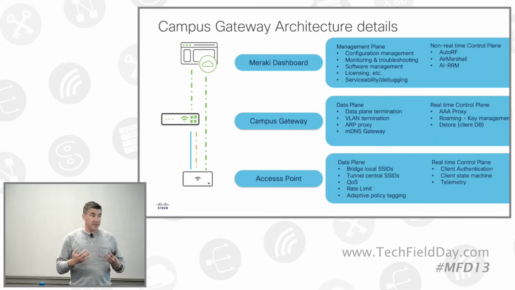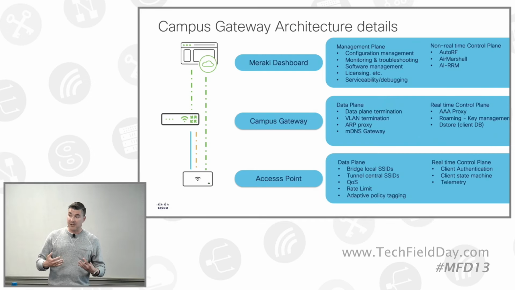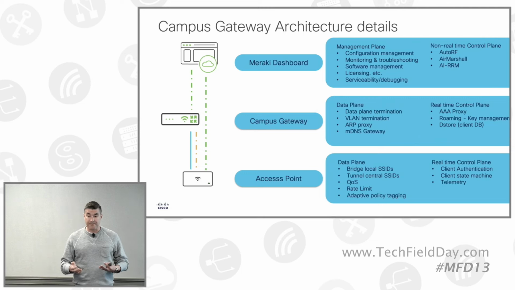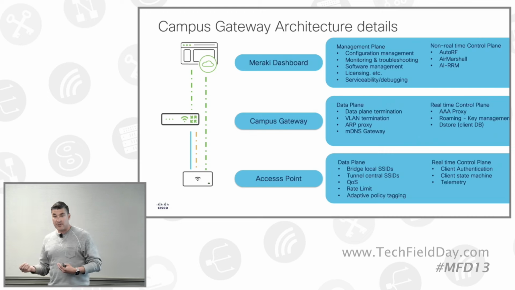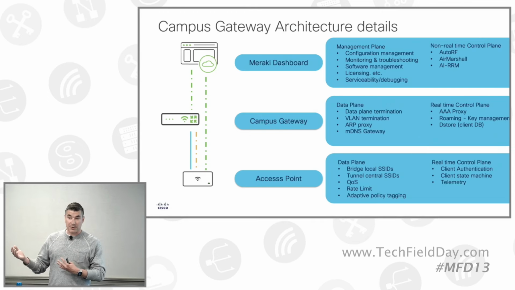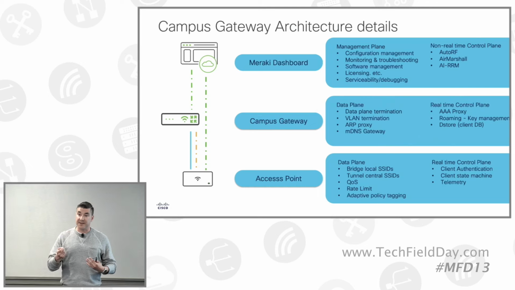We wanted to keep that in place. It's a very important construct of how cloud functions for Cisco. So all your configuration, your monitoring, your licensing, all your troubleshooting, that still lives up in the cloud. And we're also keeping things like AIRM, AutoRF, rogue detection in the cloud as opposed to on-prem on the box. So architecturally, that's a big difference. That stays up in the cloud.